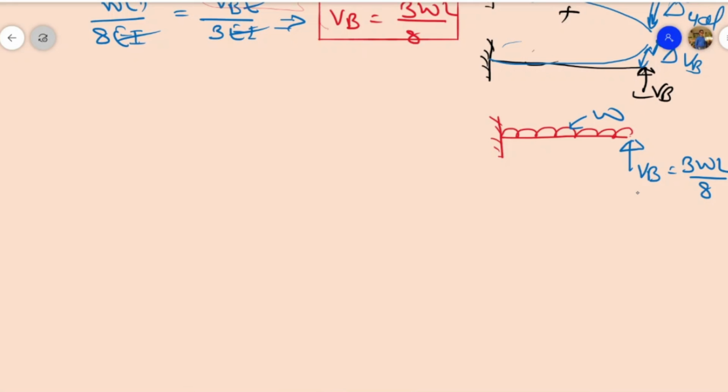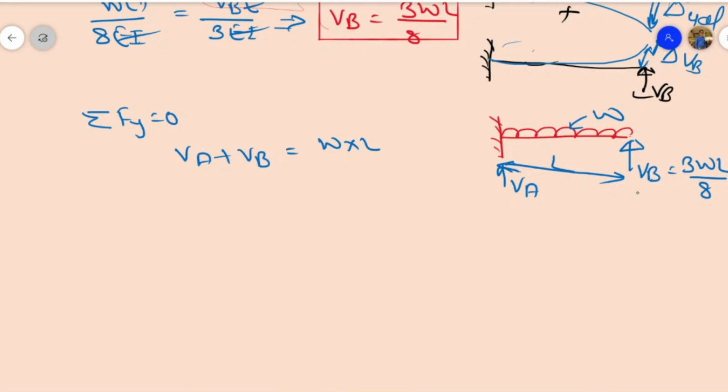With the help of the equilibrium equation, summation of Fy equals 0, meaning the sum of all vertical reactions equals 0. With vertical reactions VA and VB, we can write VA plus VB equals W times L, if L is the length of the beam.